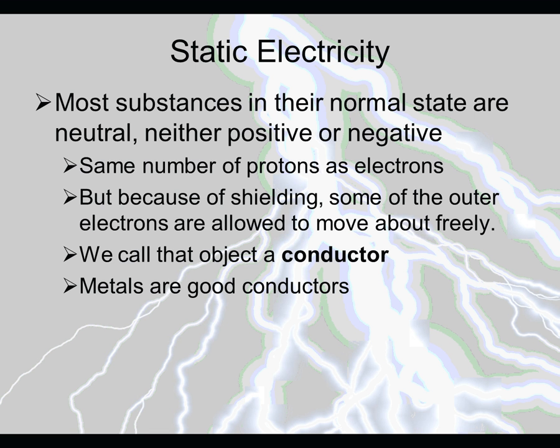And what shielding does is allow the outermost electron to move freely, meaning that it can travel between atoms. And when it travels between atoms, that exchanges charge, i.e. exchanges electricity. And when that happens, we call that a conductor. That object that is exchanging electrons is called the conductor.